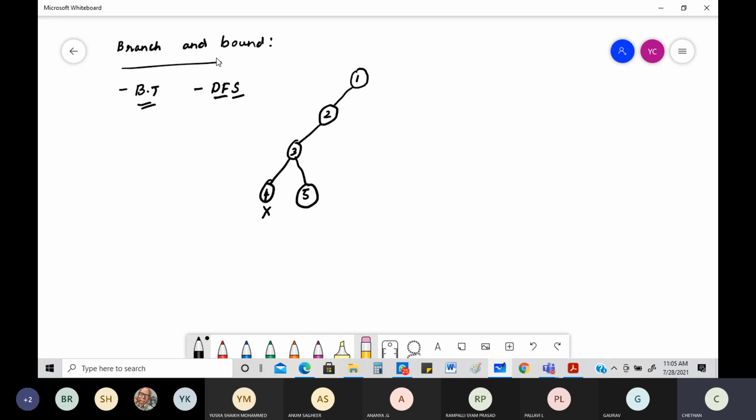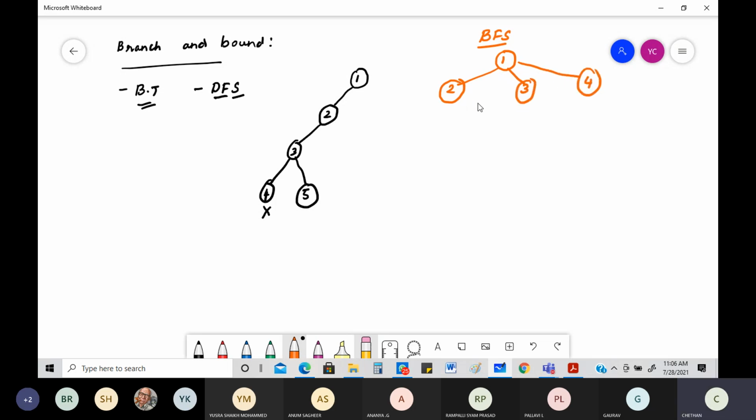But if you go for branch and bound, this is basically a breadth first search method. What is the meaning of breadth first search? You are not going to analyze the depth of it and then come back. You are going to analyze each and every possibility that you can have. So you got 1, then 2, then 3, then 4.